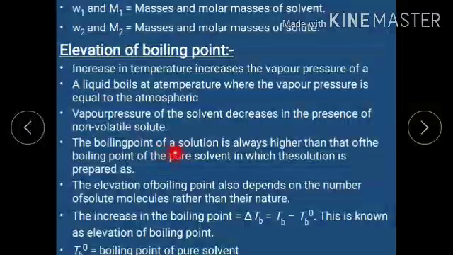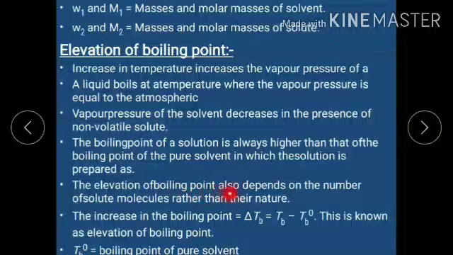The boiling point of the solution is always higher than the boiling point of the pure solvent in which the solution is prepared. Okay, the boiling point of the solution is always different from the boiling point of the pure solvent, because every solution contains solute. It may be volatile or non-volatile. The elevation of boiling point also depends on the number of solute molecules rather than their nature.